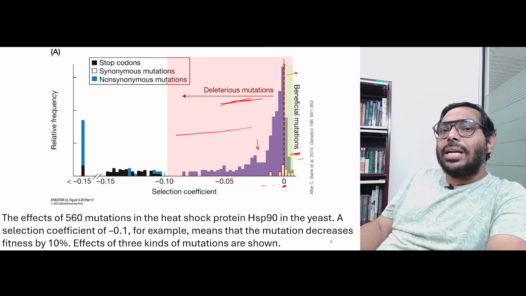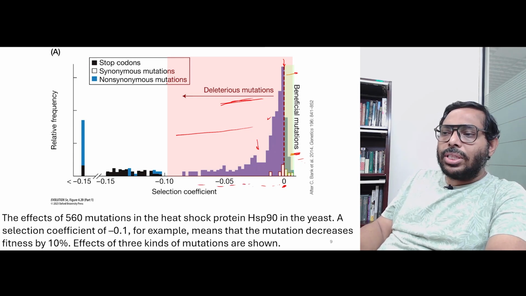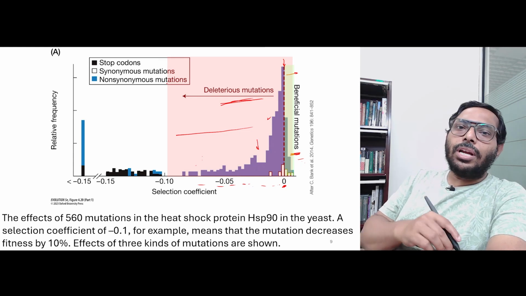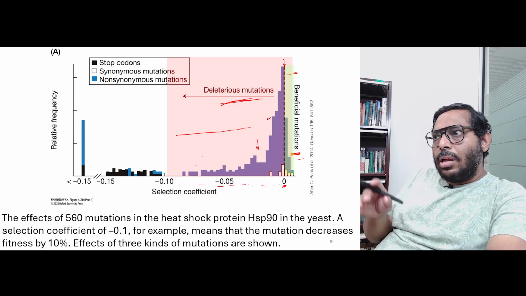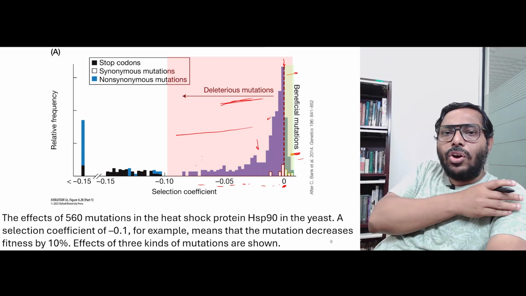So, the mutations that are actually causing some harm, most of them are causing a little harm, a few of them are causing a little more harm, okay, these guys, and then as you increase the harm, the fraction which are causing that harm is actually going down, right. So, in other words, you have a kind of an exponential distribution on this side.